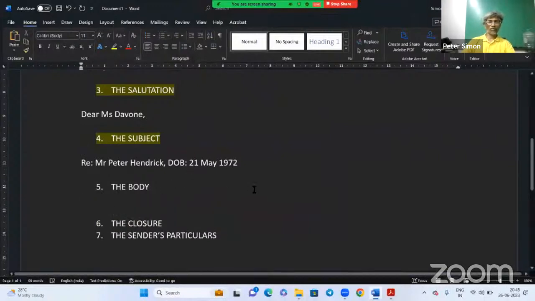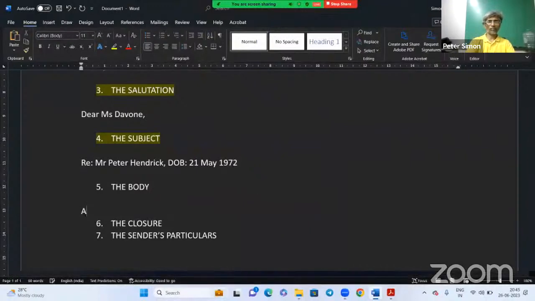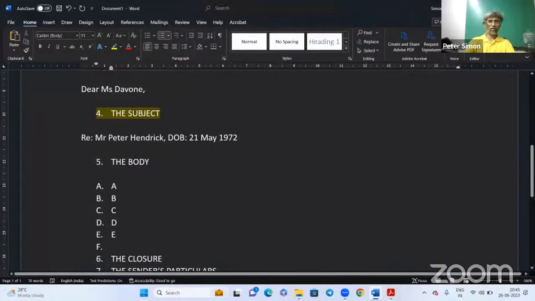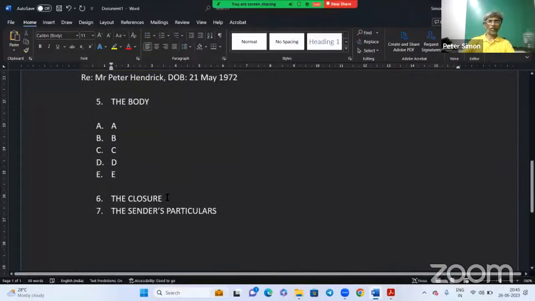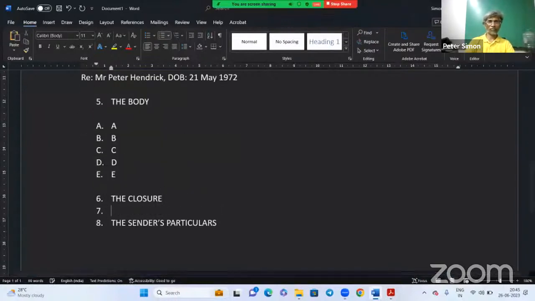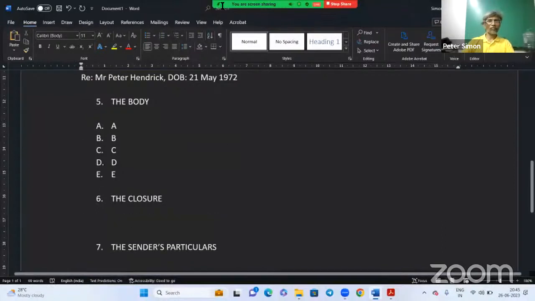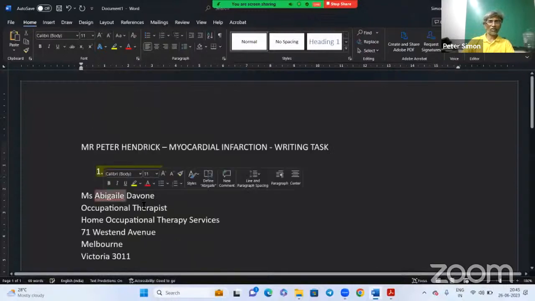Body we are going to write in 5 paragraphs: A, B, C, D, E. Then the closure. You check here, the name of the person is there, not occupation. See the first line.